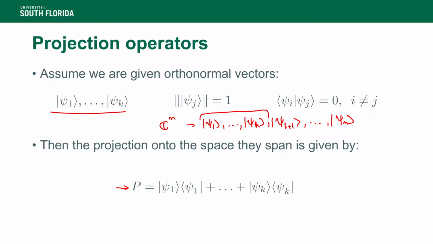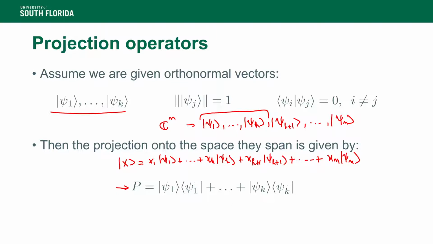Okay, so assume that you have an input vector x, which is given by x1 psi 1 plus dot dot dot plus xk psi k plus xk+1 psi k+1 plus dot dot dot until xn psi n, okay?